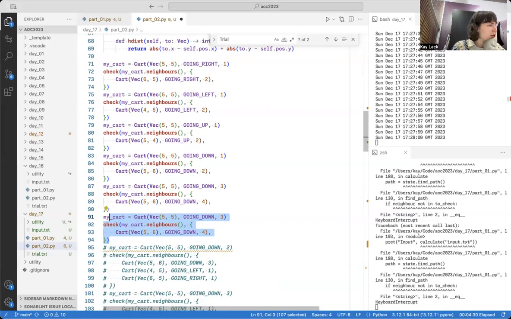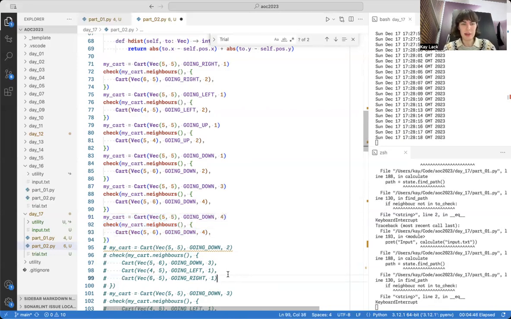If it's going 4, at most 3 blocks, a minimum of 4 blocks. So if it's going 4 blocks, it can turn. So at 3, it can't turn.